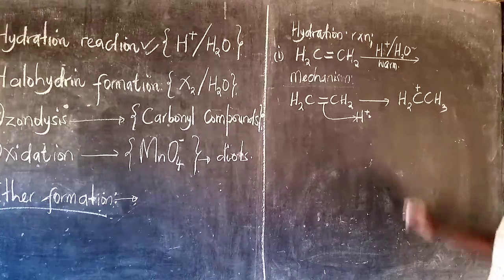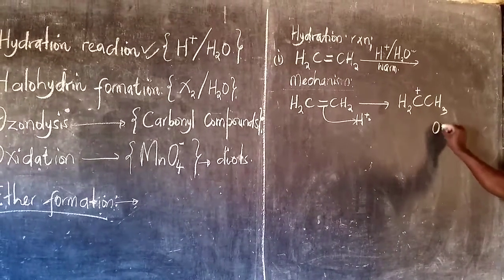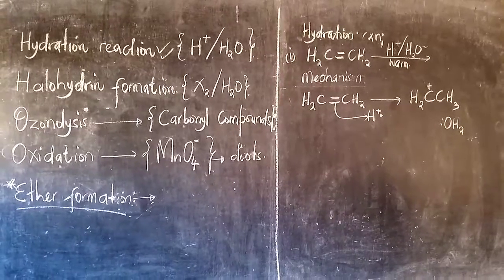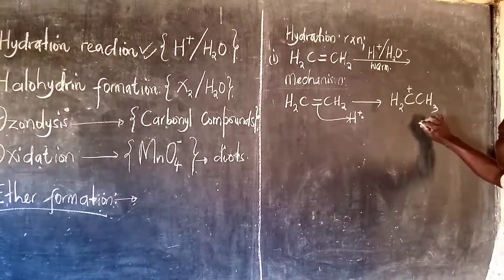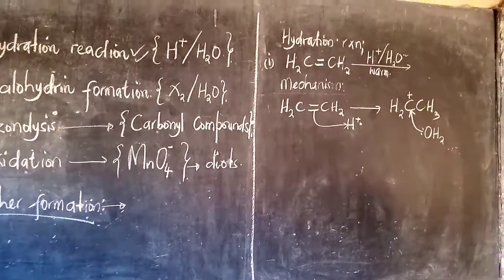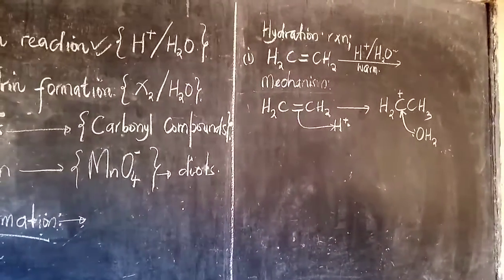Now what comes in next? The water now comes in to participate in the reaction. Recall, water has the oxygen that has lone pairs of electrons. So the lone pair of electrons interacts with the positive species, which is the carbonium ion.